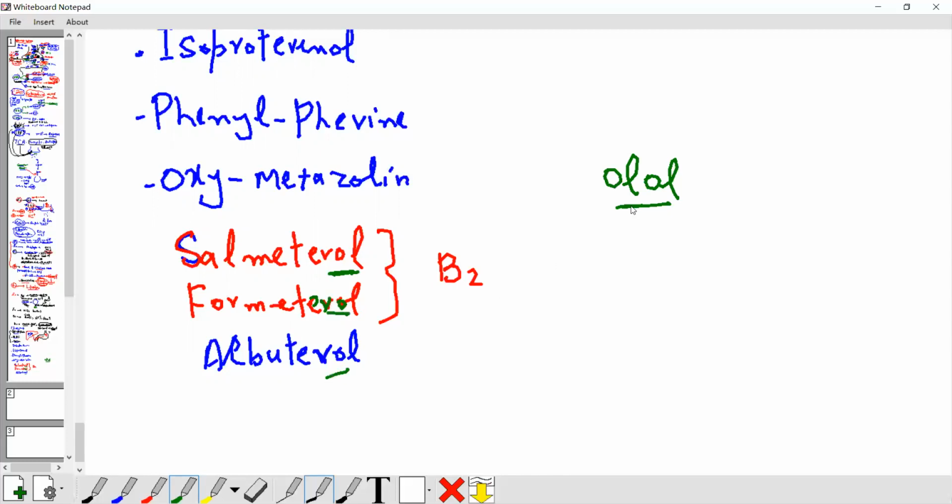Okay? Big difference. Do not mix them with -olol. Clear? Those are blockers. Those are beta blockers.